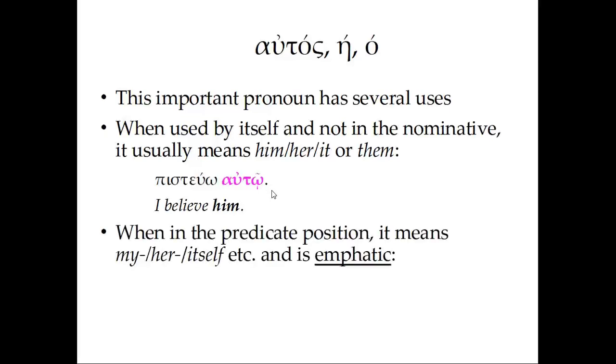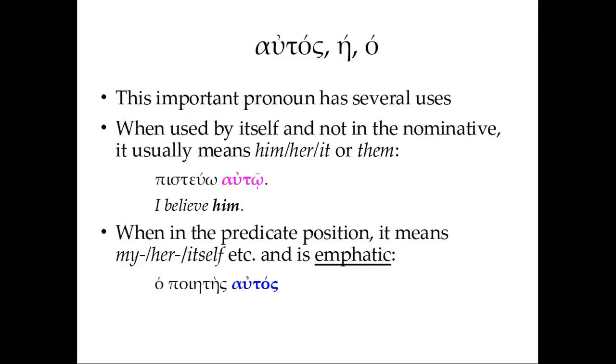When in the predicate position, it means myself, herself, itself, etc., themselves, ourselves, and is emphatic. See what this looks like. Ho poietes autos. Ho poietes autos. We know it's in the predicate position because it's outside of that definite article and noun combination. It would be in the attributive position if it were between them. But in this position, and especially in this case, in the nominative, it's always going to be emphatic.